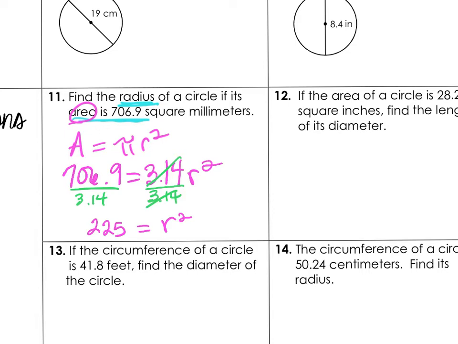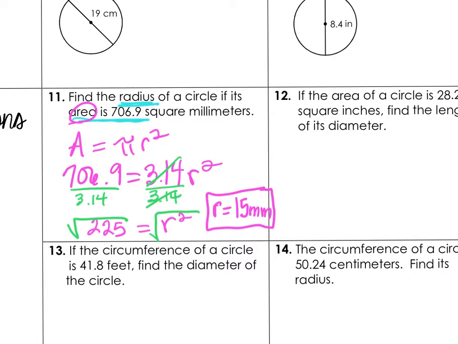The opposite of multiplication is division. The opposite of square is square root. So we take the square root of r squared and the square root of 225, and there's a button on your calculator that does that for you. So our radius equals 15 millimeters. Shazam.